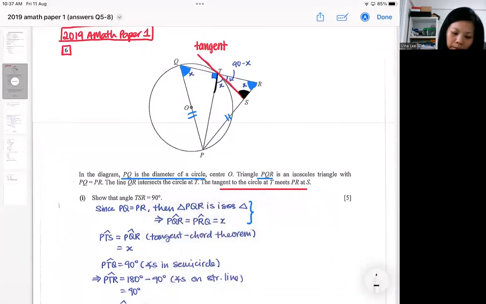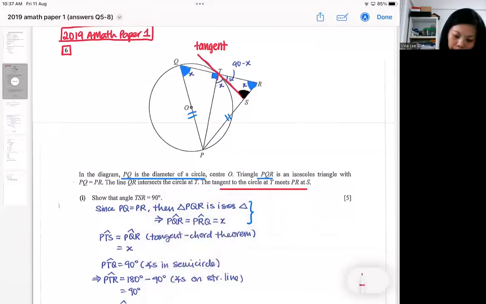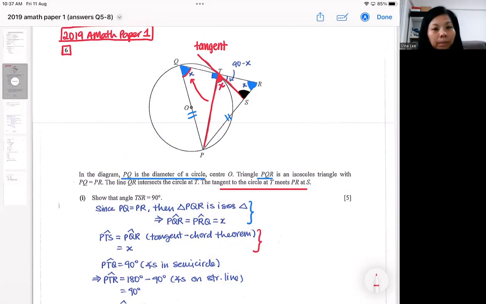So this is the chord, and opposite the chord, these two angles will be the tangent chord angle. That's why I got this part as x as well.